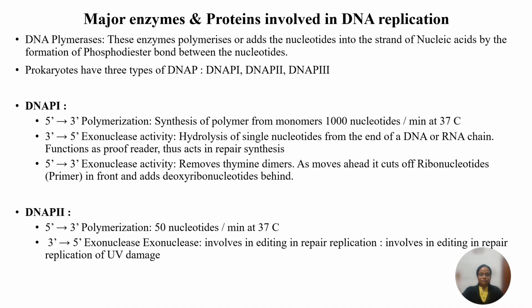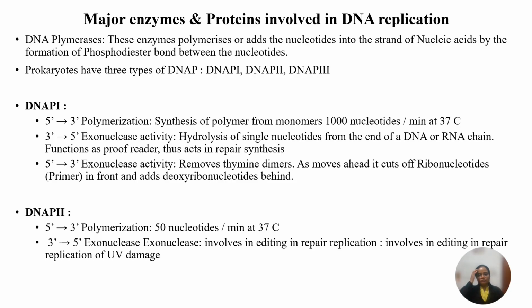It adds nucleotides one by one with the formation of phosphodiester bonds between them, polymerizing the monomeric units into a strand of nucleic acid. We have different types of DNA polymerases present in prokaryotic and eukaryotic cells. So let's first discuss the different types of DNA polymerases present in the prokaryotic cell.